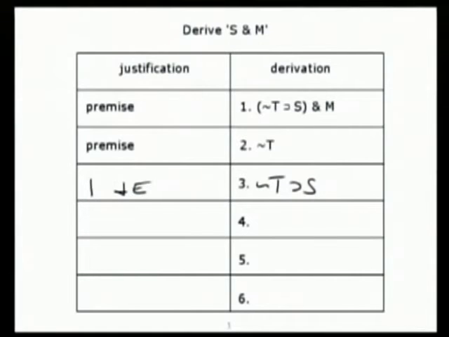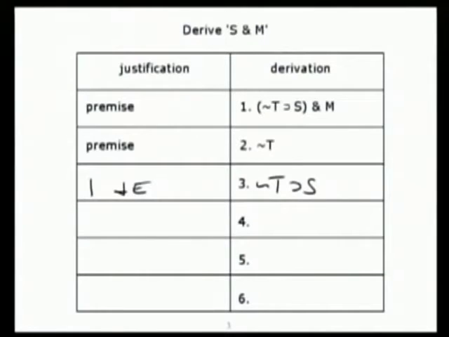Notice we've got a molecular sentence in line 2: a molecular sentence is the left conjunct in line 1. That's what we bring down. It conjoins the parentheses curl T horseshoe S with M.